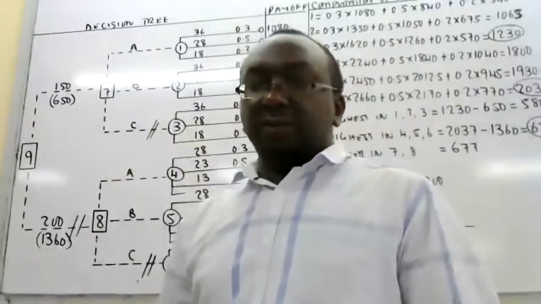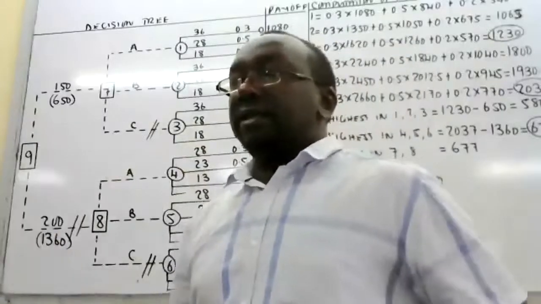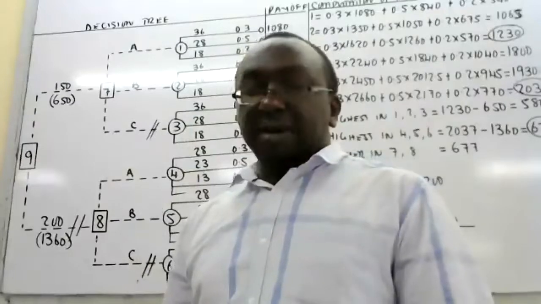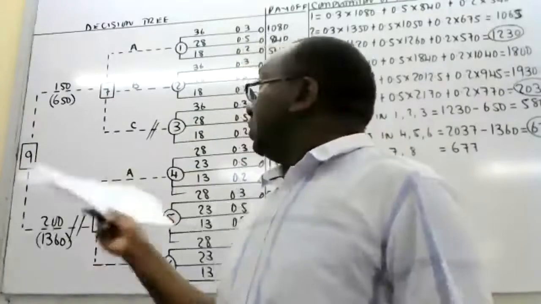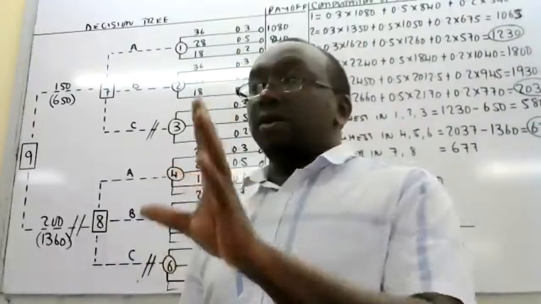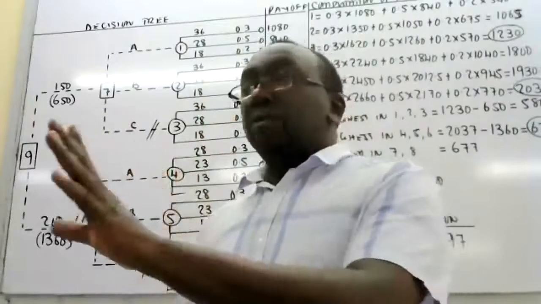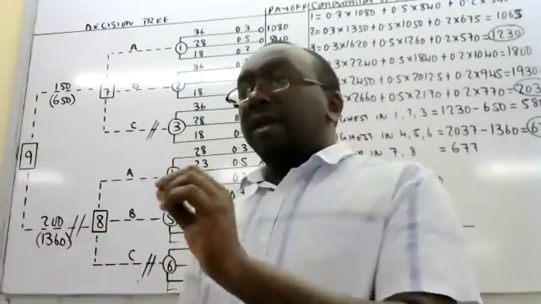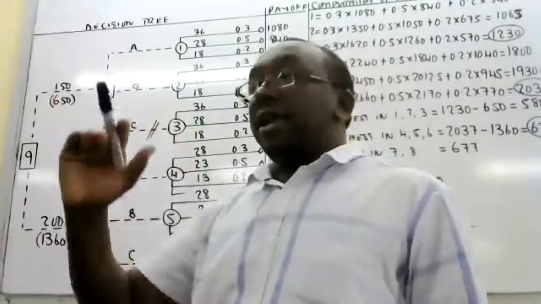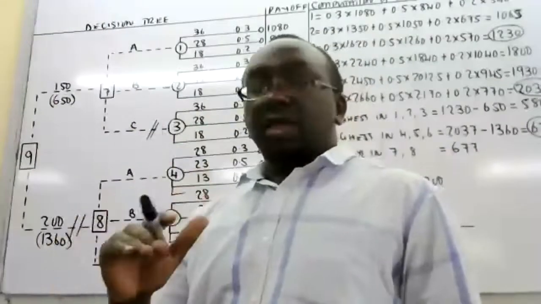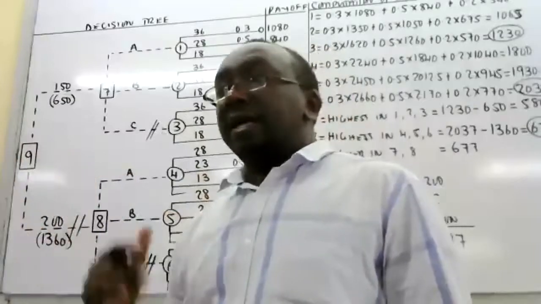And one of the easiest ways of getting to understand these things, before you do the assignment that I have given you, go close your book, do this question we have done on your own. If you get stuck, you open the book and look. Keep going until you are able to solve this question on your own from the start to the end. If you are able to do that, then go and do the assignment.